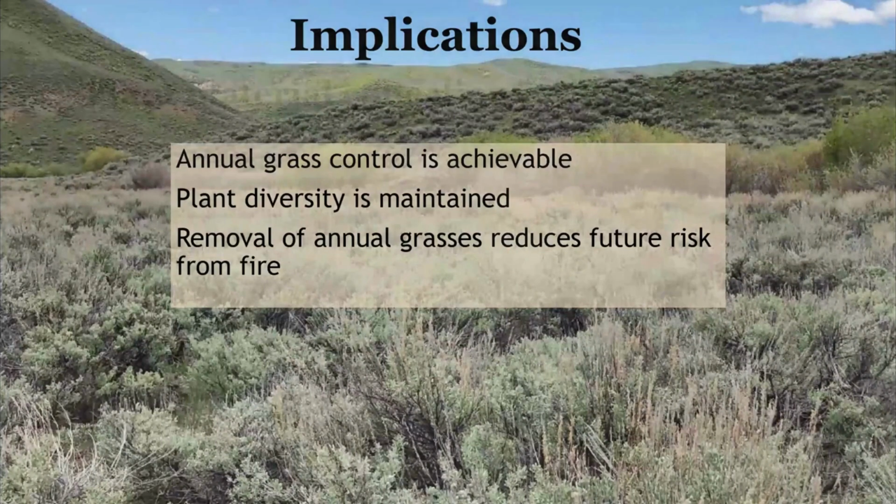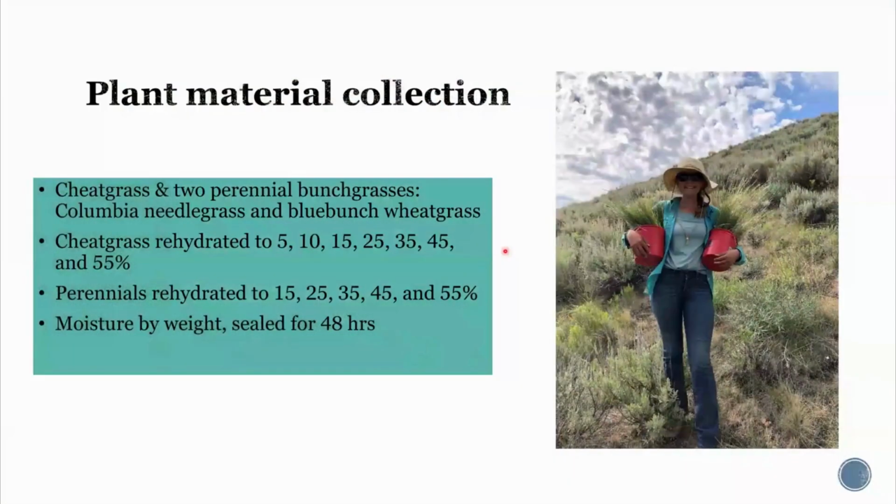And I just wanted to mention a study by a graduate student, who is no longer a graduate student. She graduated and she's off on a postdoc right now down at Tornado. We looked at cheatgrass and then 2 bunch grasses, Columbia needlegrass and bluebunch wheatgrass.